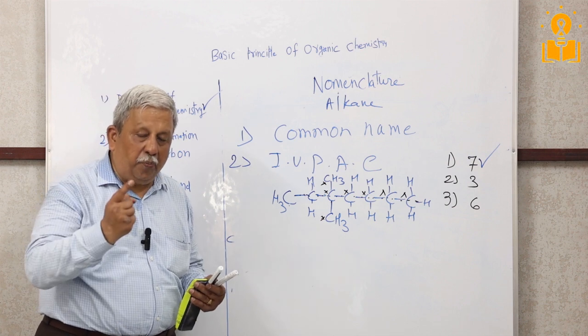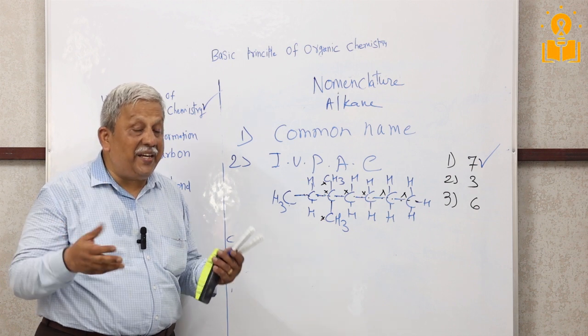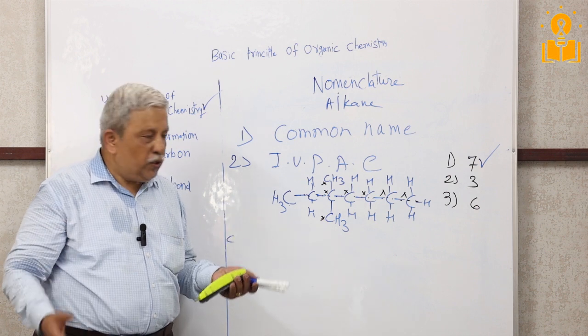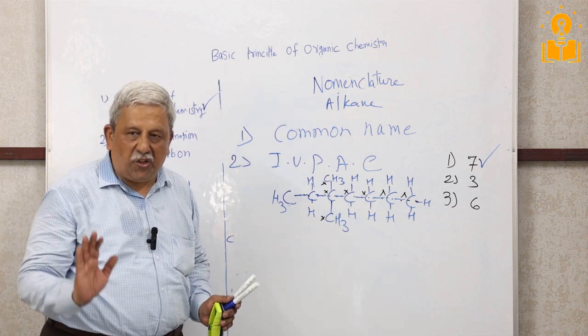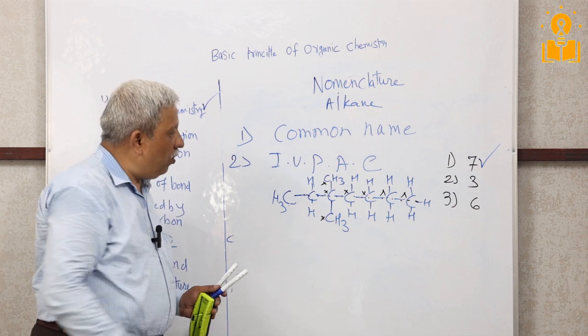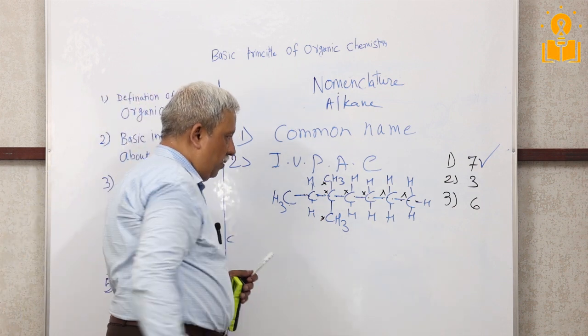But a functional group gives the identity as well as decides its reactivity. So I am calling these substituents, not functional groups. These are the alkanes, so these are the two substituents.